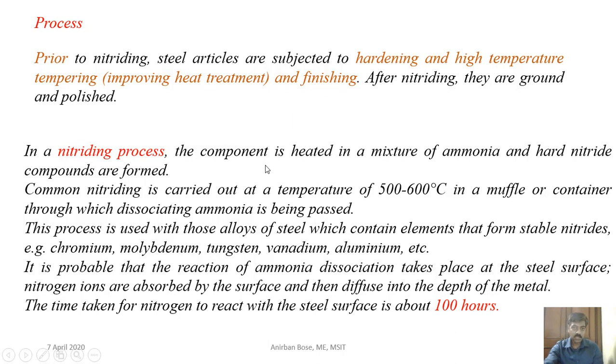In the nitriding process, the component is heated in a mixture of ammonia and hard nitride compounds are formed. The temperature, you can see, is 500 to 600 degrees centigrade, which is quite low if you compare it with carburizing processes.